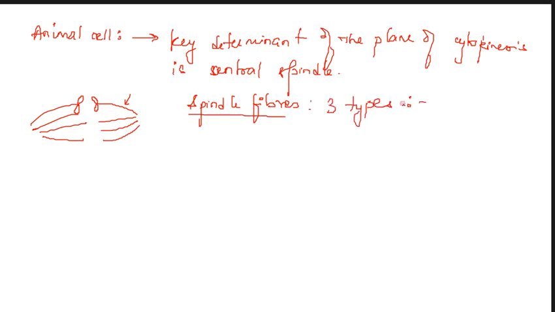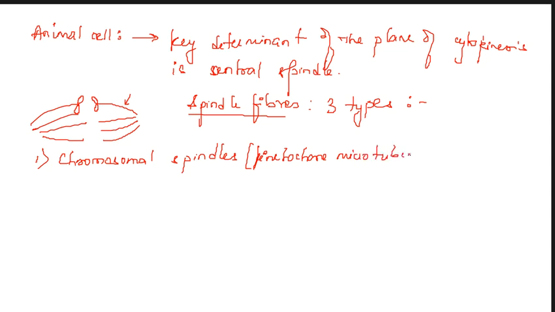What are those? Number one is chromosomal spindles. Also, they are called kinetochore microtubule. Why? Because these spindle fibers are attached to the kinetochore.